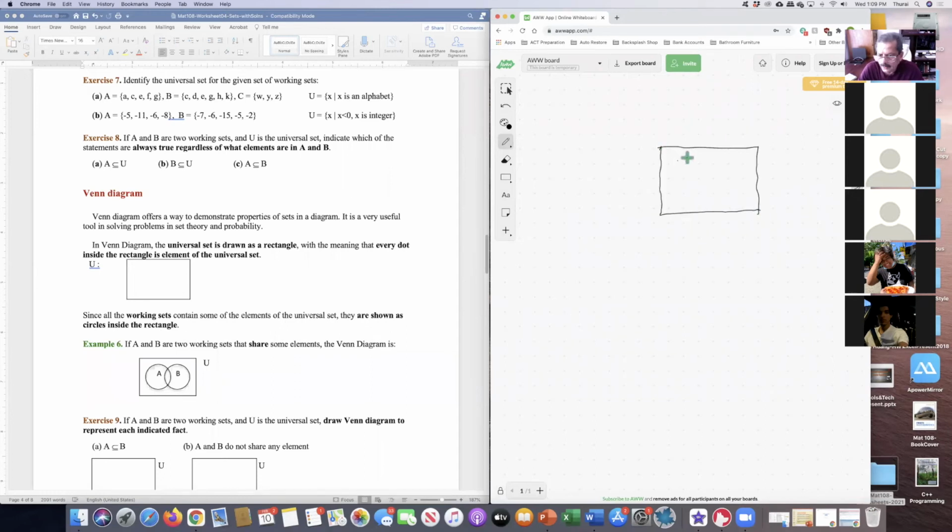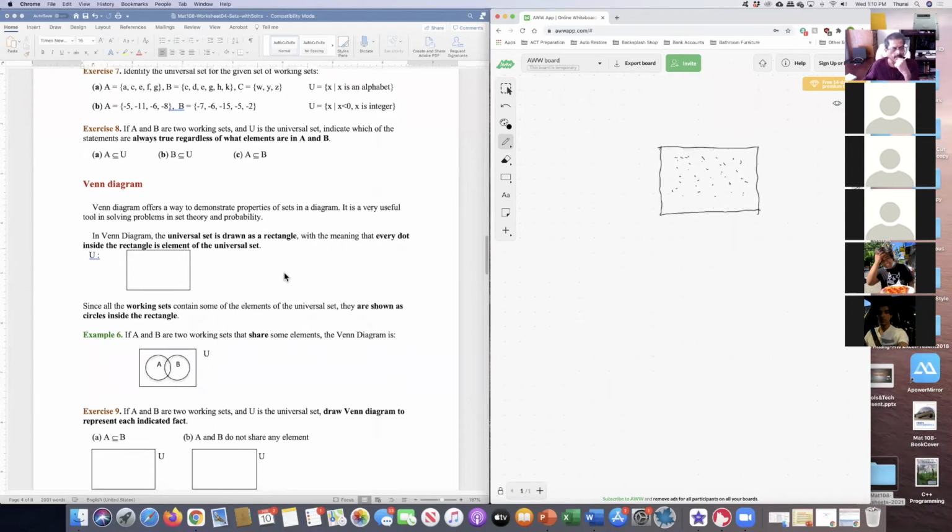The universal set usually has infinitely many pieces of data. So all these points here represent the items in the universal set. The dots inside the box represent all the things in the set.